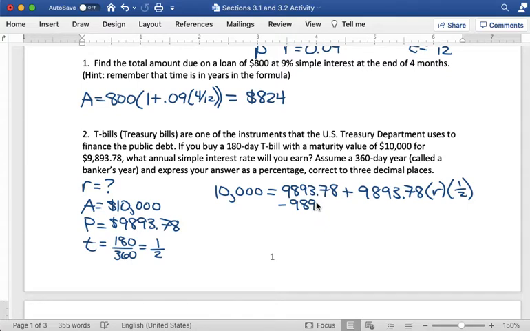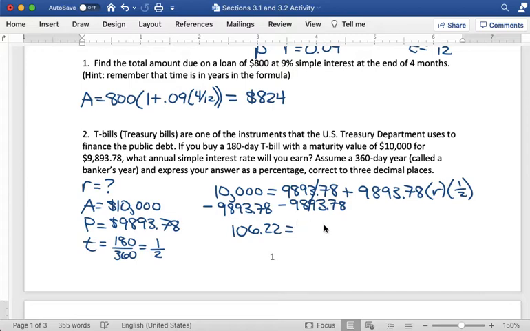So solving this equation for R, first I need to get rid of the things that are added or subtracted to the term with the R. Pretty much the same as solving an equation like 2x plus 4 equals 10. The numbers are just a little bit more strange, but the process is the same. First I get rid of things that are added and subtracted, and then I'm going to divide. So when I subtract this, I get $106.22.